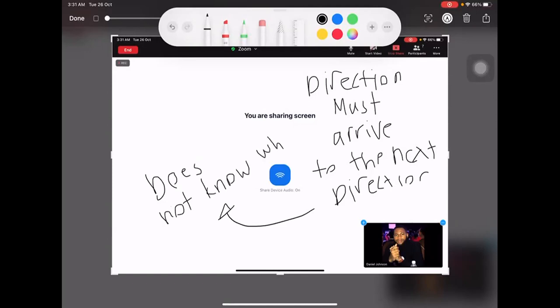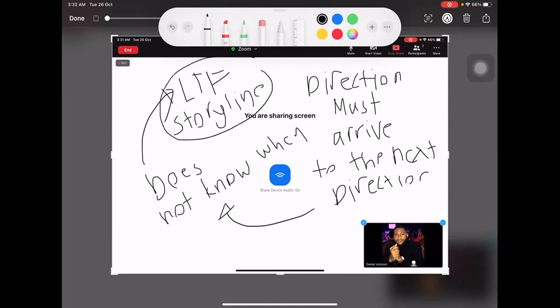Because of what? Storyline. The lower TF storyline must complete first. That's why price moves. Clear? Okay. Is it clear? Yes, it's clear.